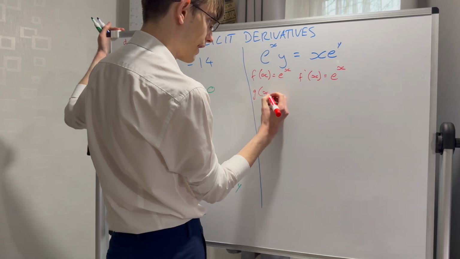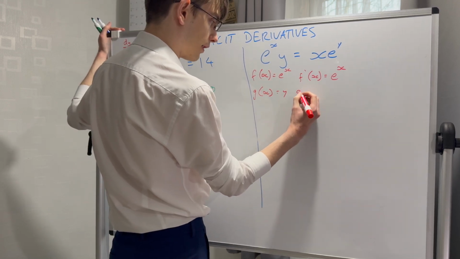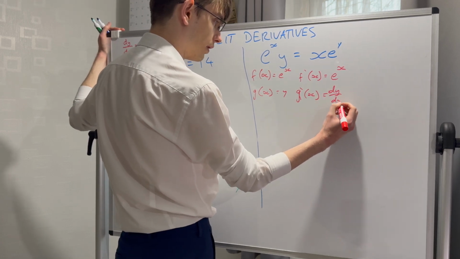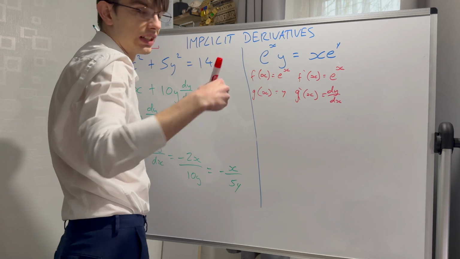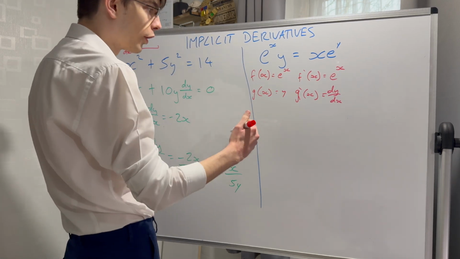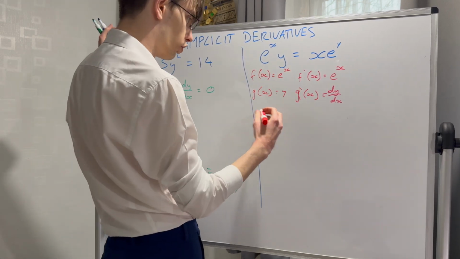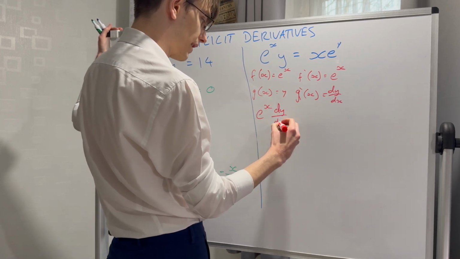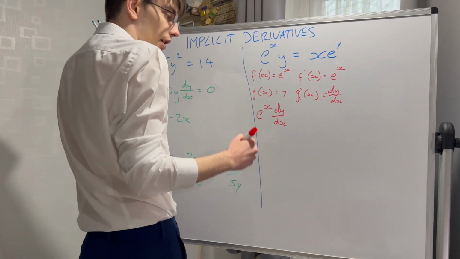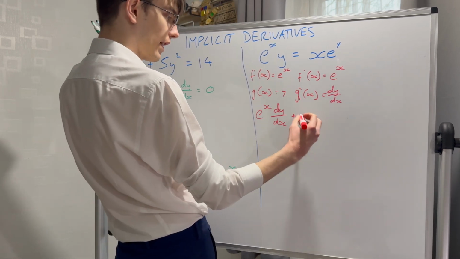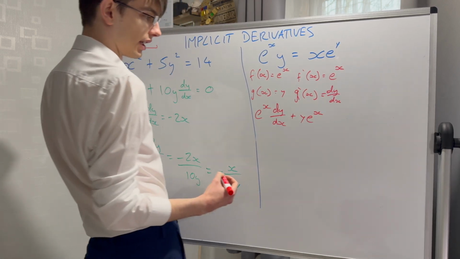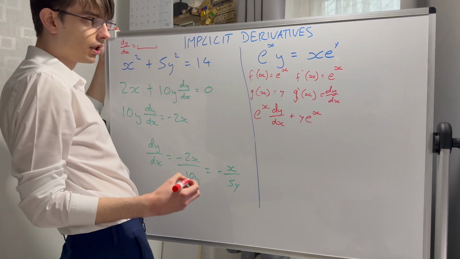And then g of x is y, and g prime of x is dy by dx. Okay, seen that earlier. Product rule: f of x times g prime of x, so e to the x times dy by dx, plus g of x, which is y, times f prime of x, which is e to the x. So that's my left-hand side taken care of.